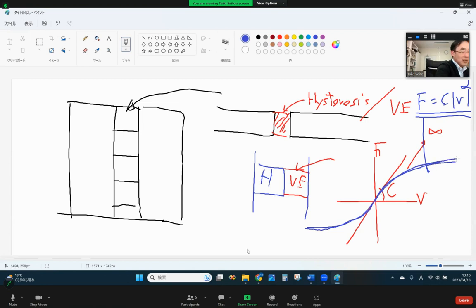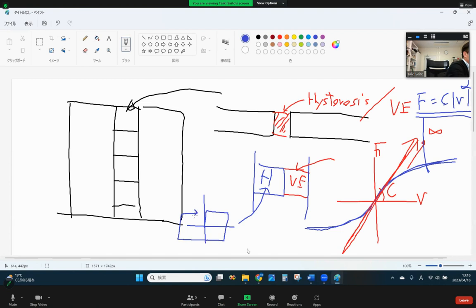But the device in the paper has just one coefficient and goes up to infinity. To avoid excessive damping force, they combine a steel damper.